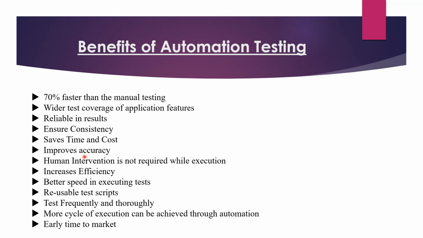With manual testing there is more time and cost, but with automation, once the test script is automated, less time is required. It improves accuracy, increases efficiency, gives better speed in executing tests, reusable test scripts, and earlier time to market. Once automation testing is done, delivery of the application is fast, and testing can also be done at the time of production.